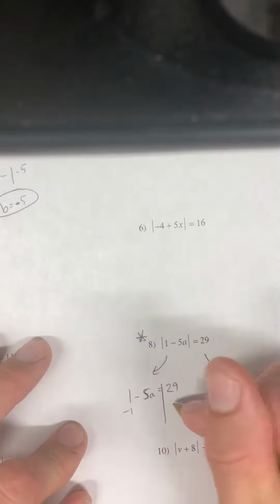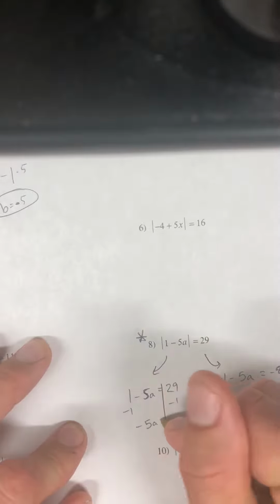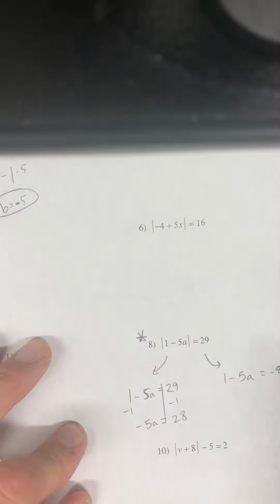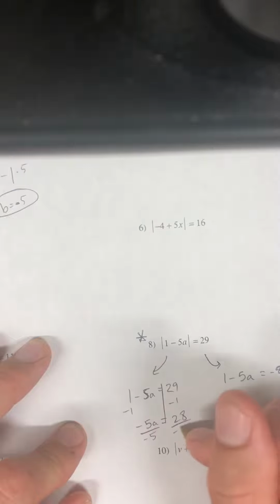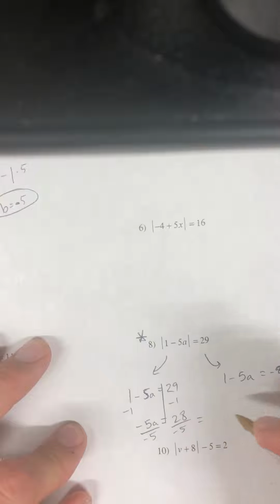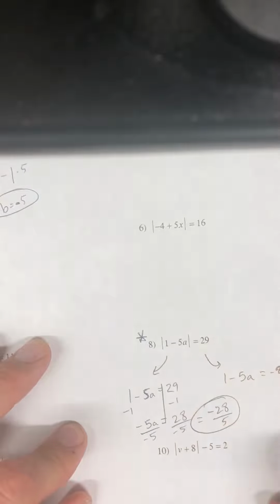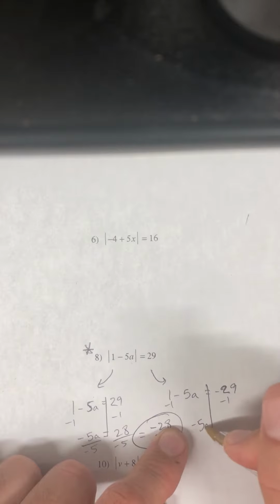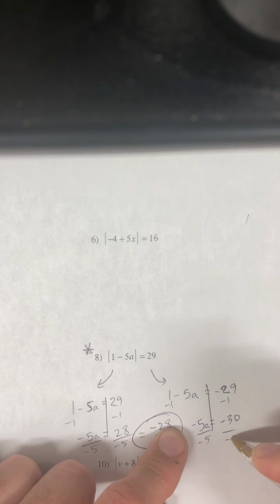So -1 on both sides. -5a is equal to 28. Then divide by -5. In this case, we'll just have -28 over 5 as our final answer. That will work if you put it in. And on the other one, same thing, -1. So -5a is equal to -30. Divide by -5, and a is equal to +6.